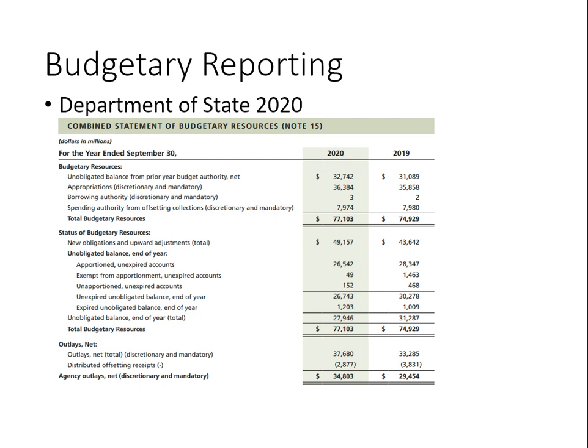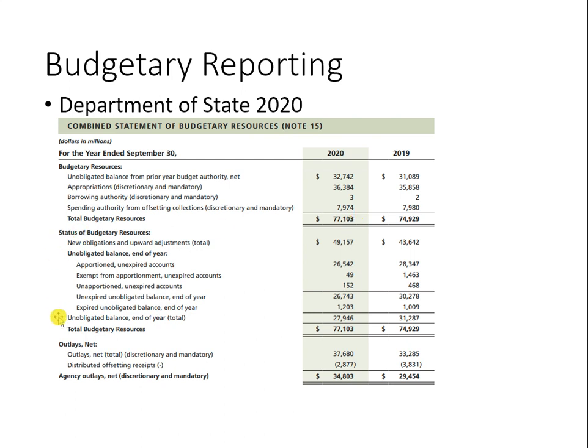And this is the budgetary report for the Department of State 2020. As you can see, first we report all their budgetary resources. The department has two main resources: one is the unobligated balances from prior years, and the other is the current year appropriations. The total budgetary resources are $77 billion for the year 2020.